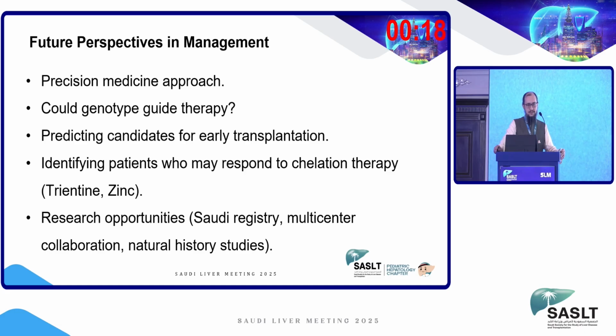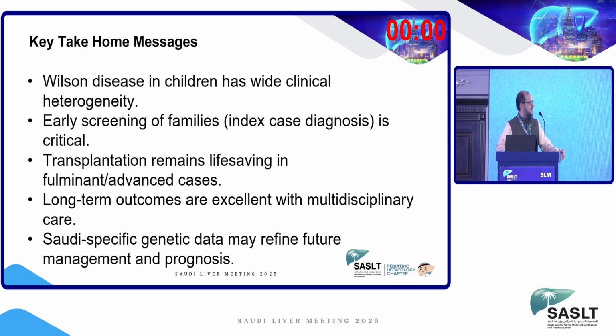So in those patients, we don't wait for hepatic decompensation. We proceed with transplantation as soon as we see that alpha-fetoprotein is high, or we have any markers on the ultrasound, even as infants. So I'm sure that in the future, we can build a phenotype-genotype correlation for these patients, which can, inshallah, guide the decision for medications and for transplantation.